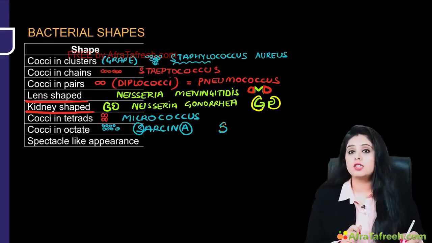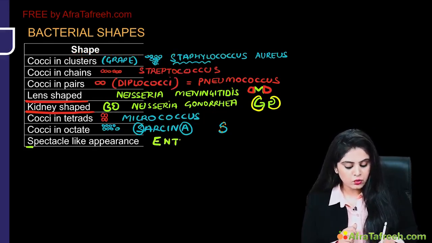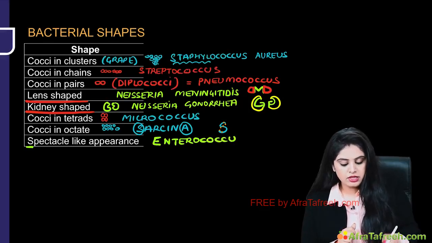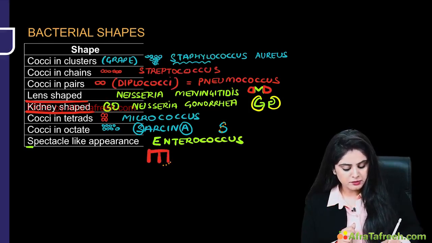So Sarcina is octate cocci. Coming to the last one, spectacle shape, the one that starts with E, that is Enterococcus. Remember the E of the Enterococcus, I'm going to make it look a little bit like a spectacle.